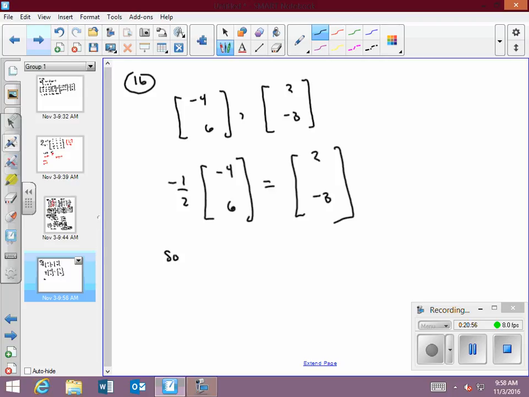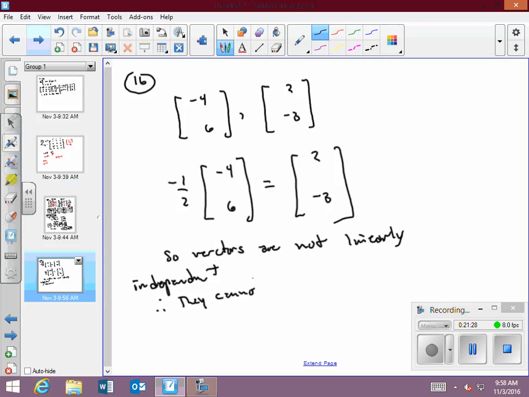So the vectors are not linearly independent, and therefore they cannot be a basis for a subspace. And the definition is on page 150.